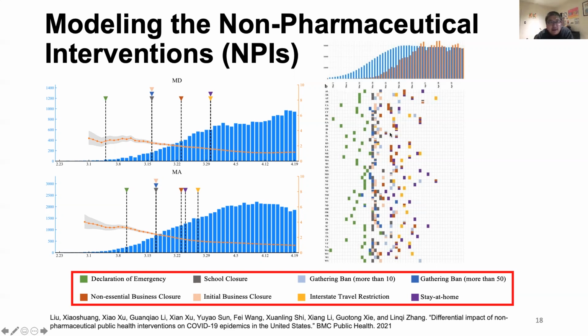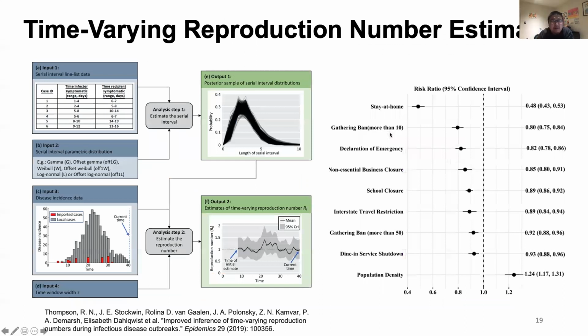And the authors in the paper leveraged the method in this paper to estimate the time varying reproduction number, which is a two-step procedure to estimate the time-dependent reproduction number from the data informing the serial interval, and from data on the incidence of cases over time.